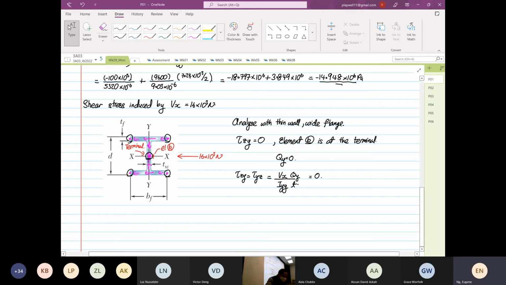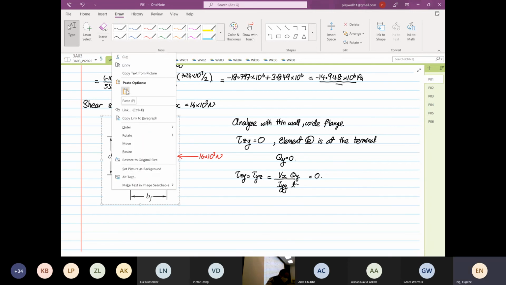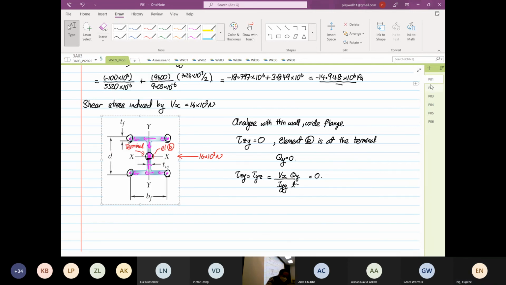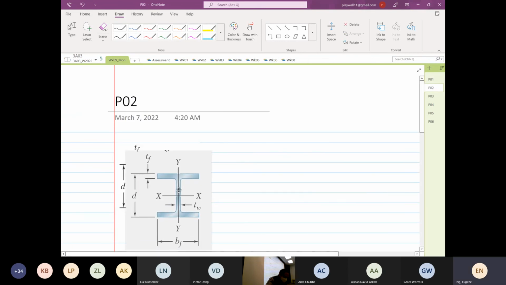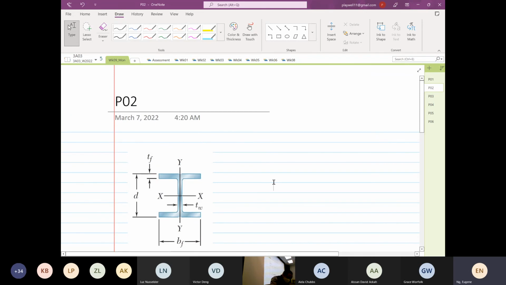Okay, so the next one, I'm going to copy this whole thing. We are going to determine the shear stress due to Py, where it's equal to 25 times 10 to the power 3 Newton. Okay.